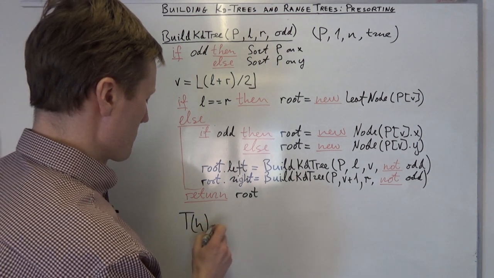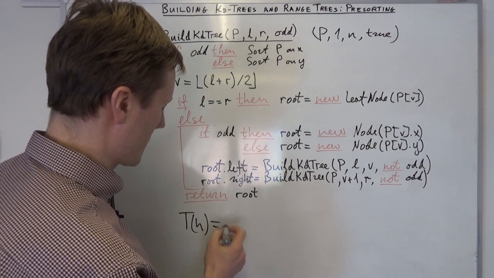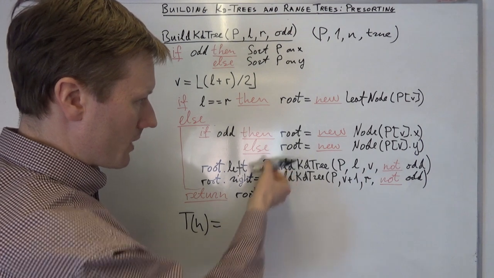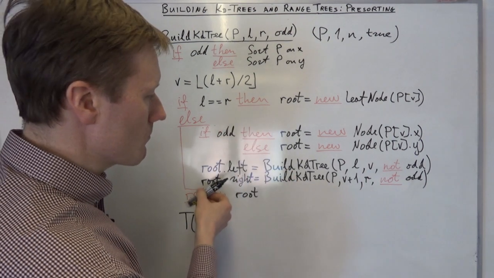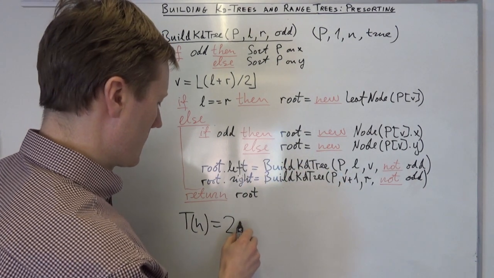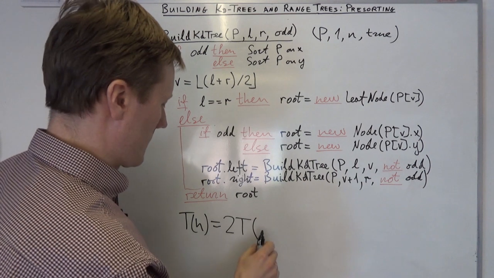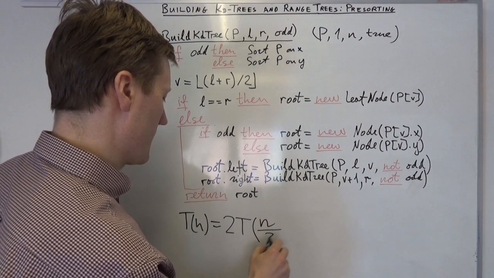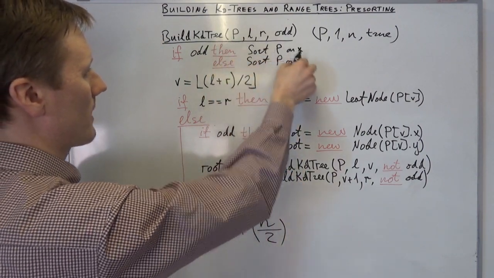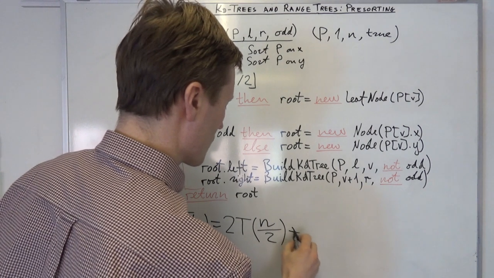The running time of the algorithm on an array of size n will, if it's not the base case, be equal to two times the running time of the algorithm on an array half as long as n, plus all the rest, and all the rest is dominated by the sorting, which is sorting an array of size n, so that's n log n.